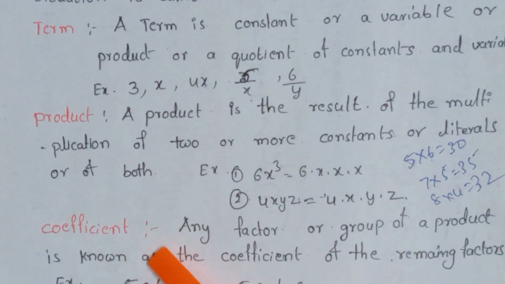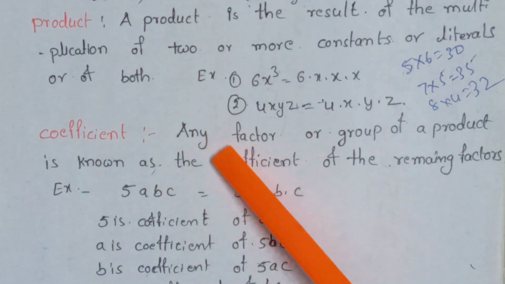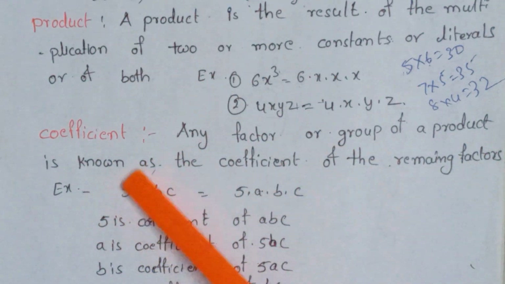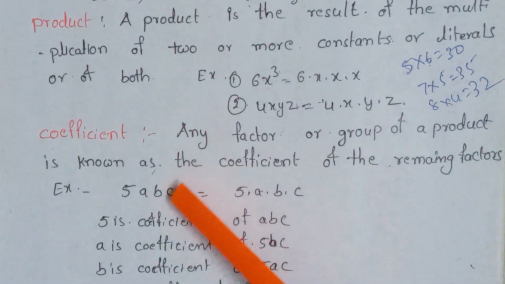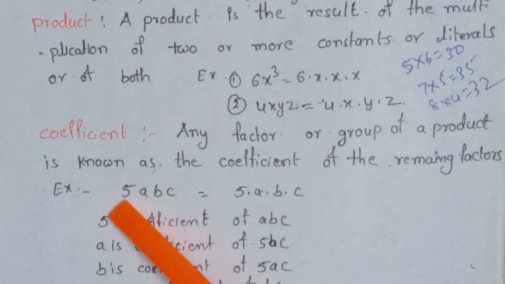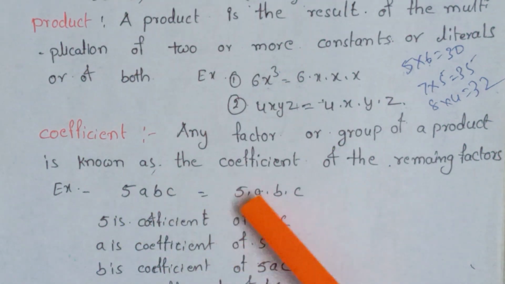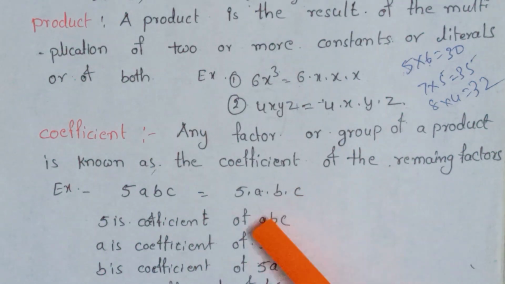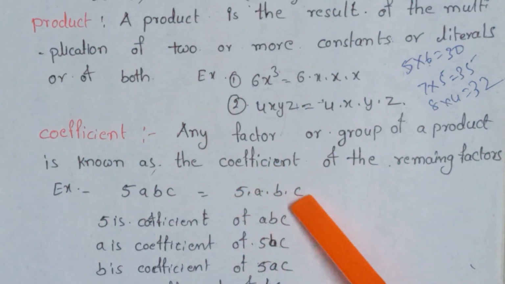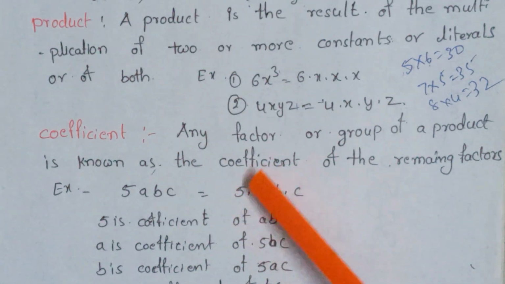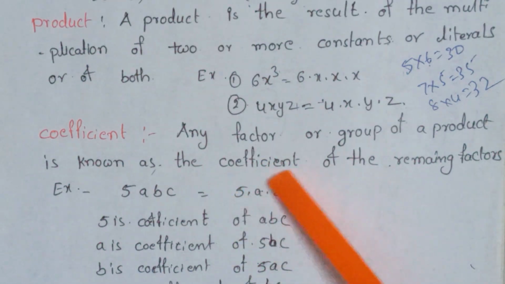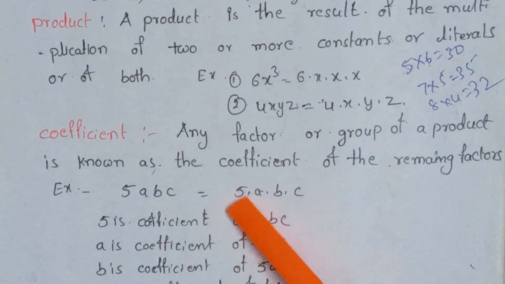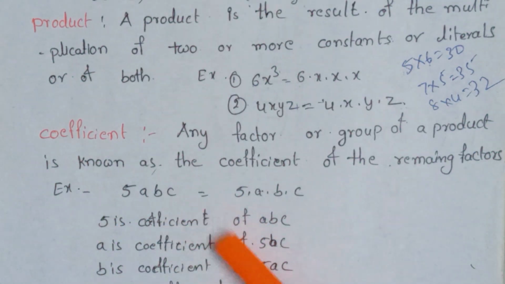And coefficient. What is the coefficient? Any factor or group of factors in a product is known as the coefficient of the remaining factors. 5ABC is one term: 5 into A into B into C. In this, 4 factors are there: 5, A, B, C. So 5 is the coefficient of ABC.